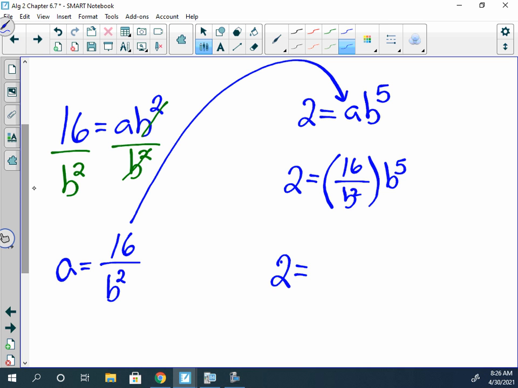As we looked at these yesterday, really the b squared and b to the 5th will simplify each other out. Because when we multiply a number by a fraction, that number on the outside is being multiplied with the numerator. It's going to go on top. So really, I'll go on and write this out. If we multiply this together, we'll get 16b to the 5th over b squared.